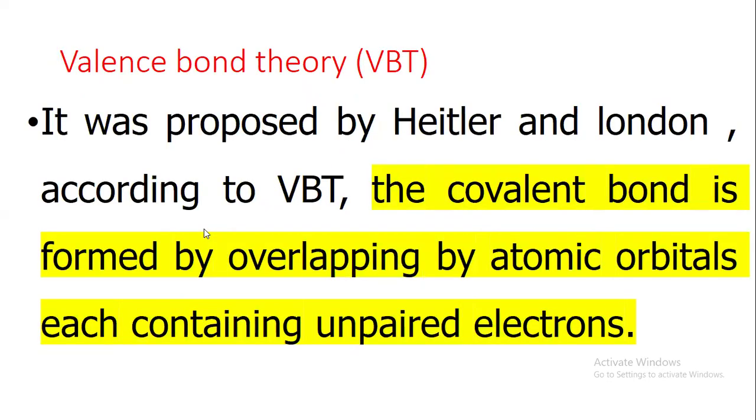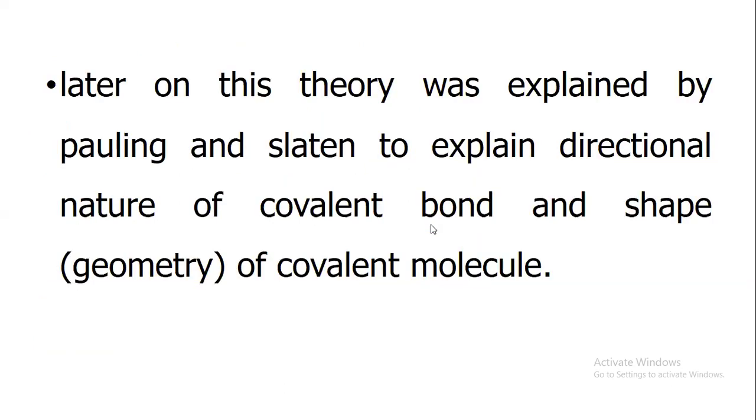Valence bond theory was proposed by Heitler and London. According to valence bond theory, the covalent bond is formed by the overlapping of atomic orbitals containing unpaired electrons. Later on, this theory was extended by Pauling and Slater to explain the directional nature of the covalent bond and the shape of the covalent molecule.